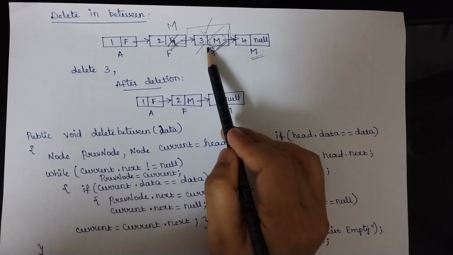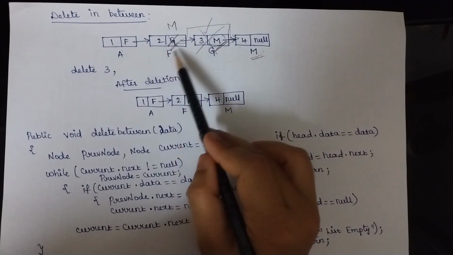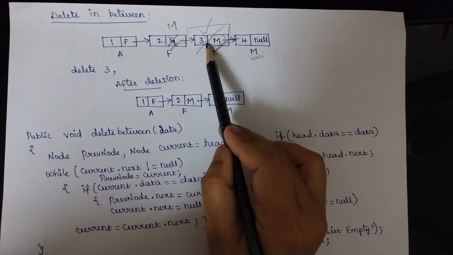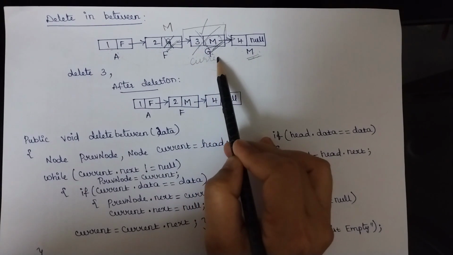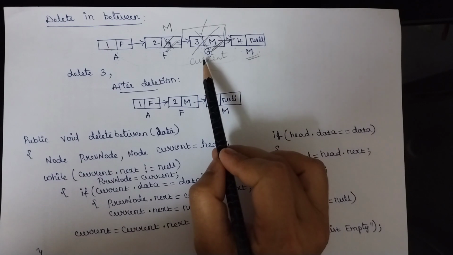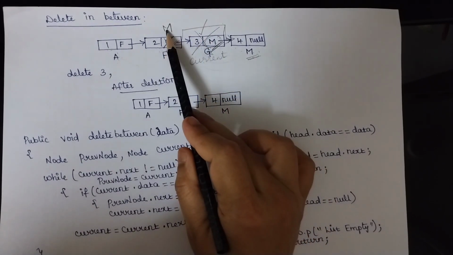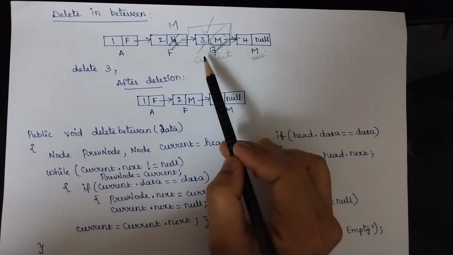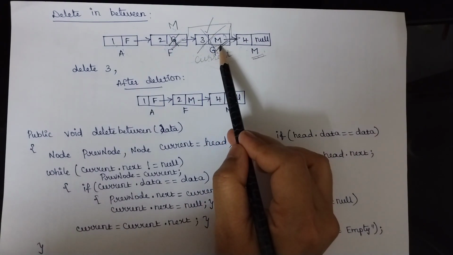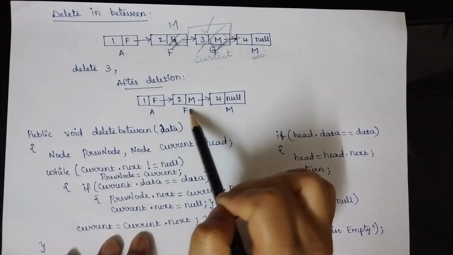Why am I saying current node? Because this is the node I want to delete. To delete, I need to traverse, so when I traverse, I find this node as my current node. Once the data value I want to delete matches this data value, I take this node as my current node, and this is my previous node. So I want to change the address of my previous node to the current node address. If you change these things, then you will get this type of list after deletion.